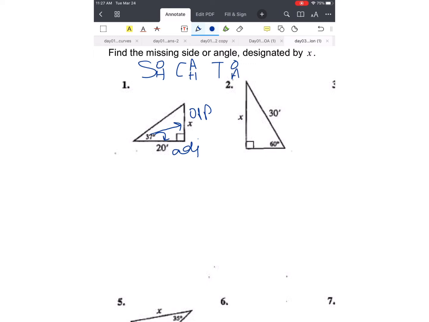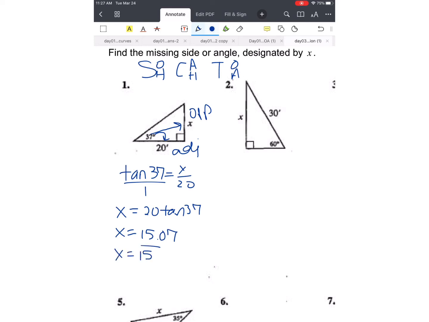So we see that this is dealing with opposite and adjacent. My favorite, tan of 37 is x over 20. Cross multiply. x is equal to 20 times tan of 37, and we get 15.07, or we'll just round to the nearest whole number because I wasn't specific.